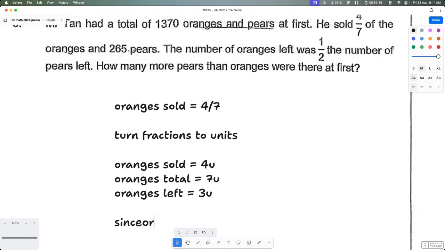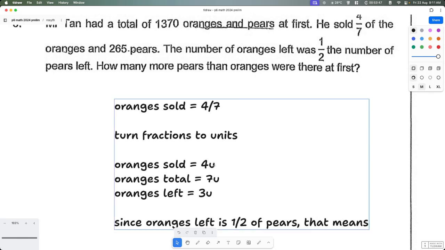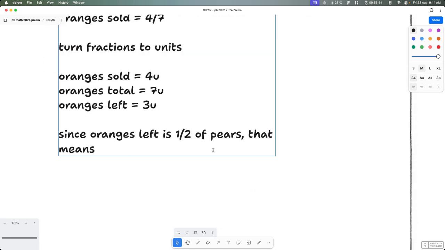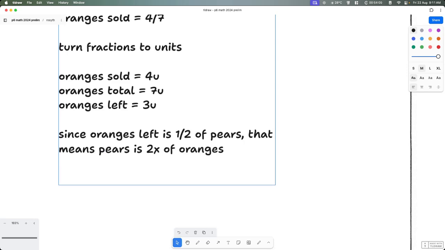Since oranges left is half of pears, that means pears is 2 times of oranges. So that means pears left is equal to 3 units times 2, which is 6 units.